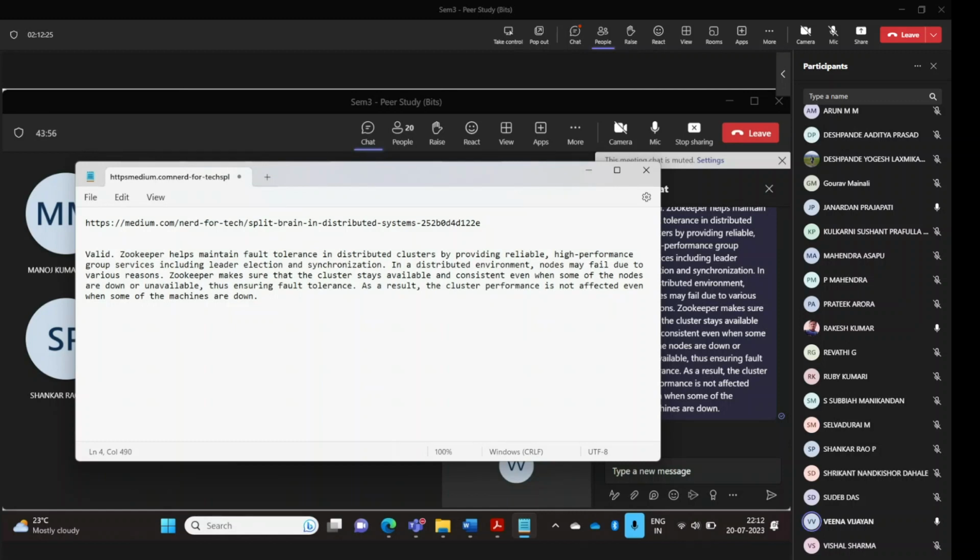So if we don't have the fault tolerance, the performance will be impacted. It is also correct to say.